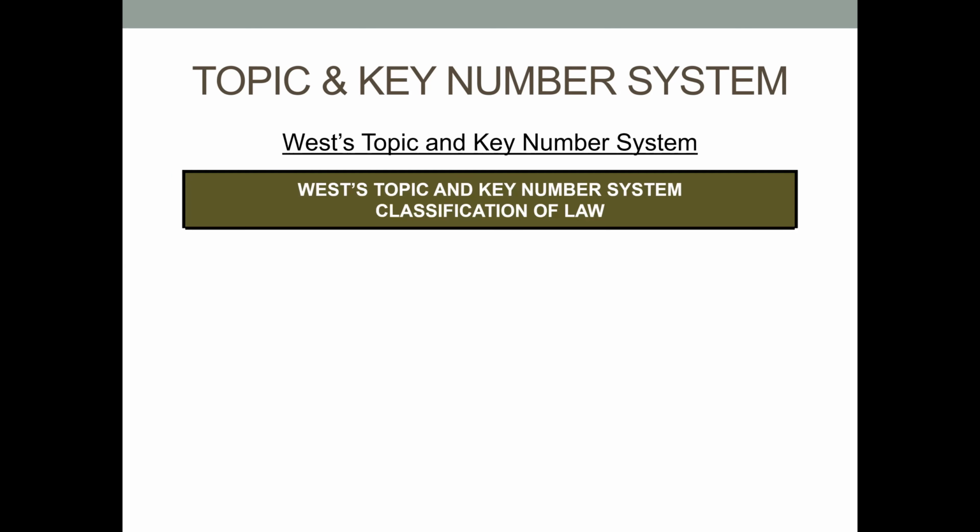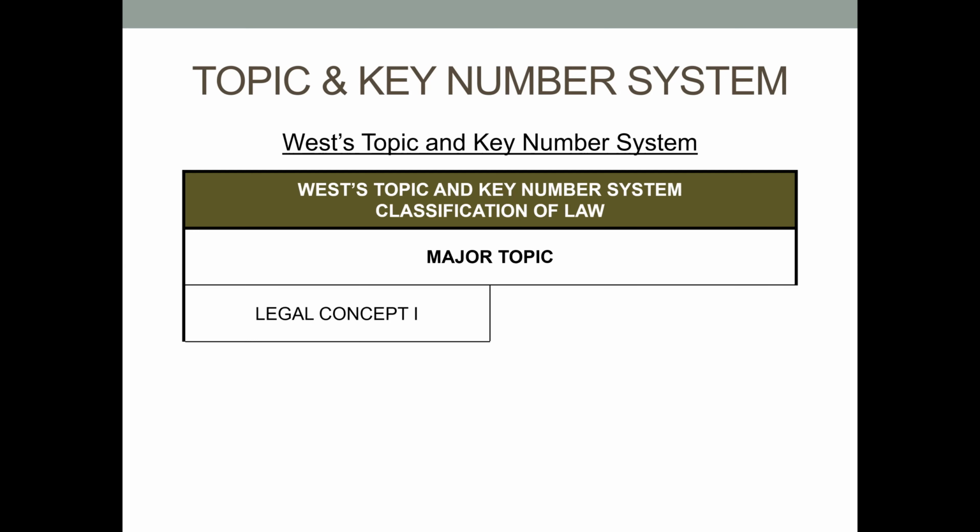So here is a graphical representation of how West has subdivided the law. There are 400 plus major topics. Let's just say there's one major topic we're focusing on. West editors then looked at all of the legal concepts that relate to that major topic and divided that major topic accordingly into however many legal concepts West editors identified.